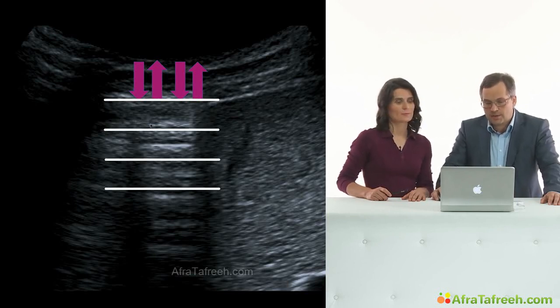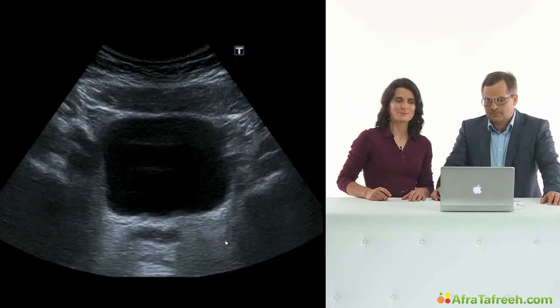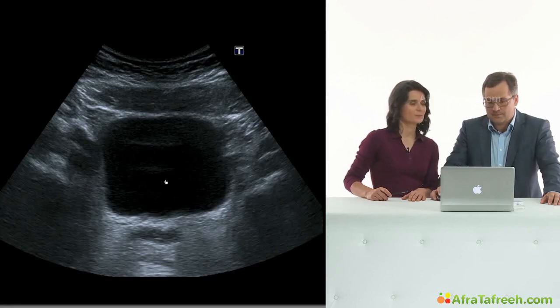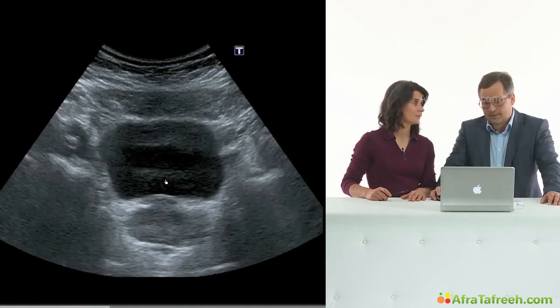So we have multiple echoes in the same distance from these two highly reflexible structures, and this reverberation echoes over here. Quite typical for gas in the bowel or in the lung.